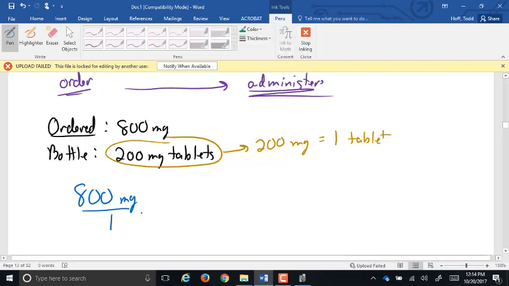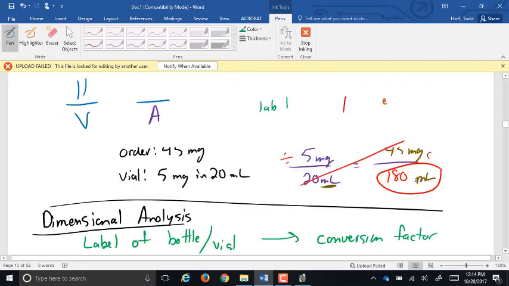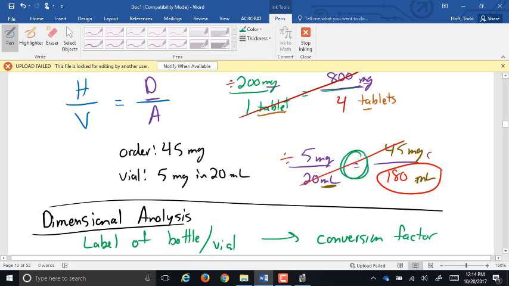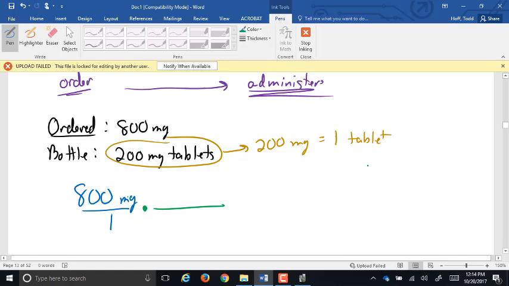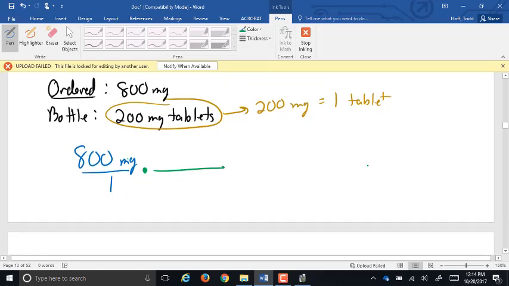So over here, we want to get rid of milligrams. Notice this is multiply, not equals. In the proportion, that was an equal sign. That's why we could cross multiply and divide. Here, we're actually just multiplying by a fraction or a conversion factor. We're getting rid of milligrams, so milligrams will go on bottom.